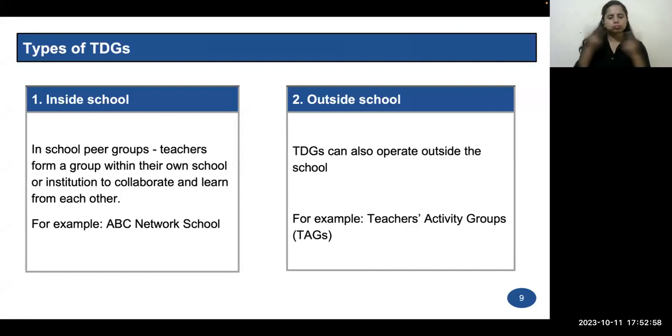At the end, they used to reflect and make action plans and return back to the schools and implement the learnings. Meanwhile, they used to share their learnings in the group through WhatsApp. So this was the second type, outside the schools.